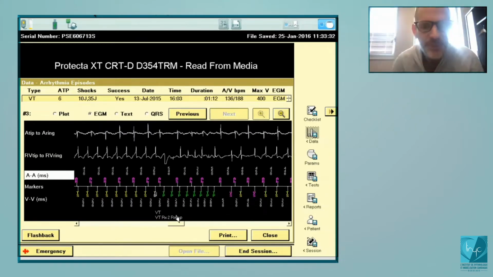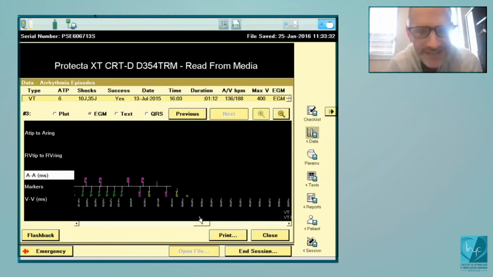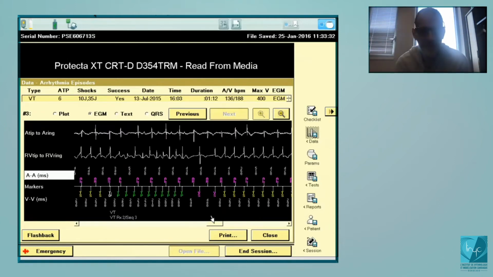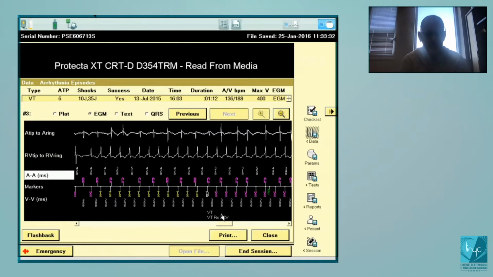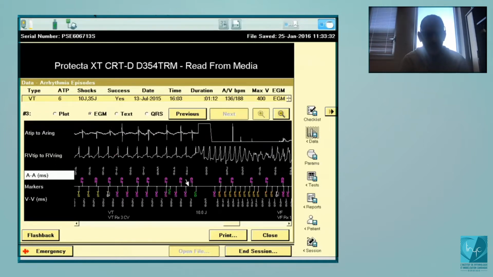So that's a real episode of VT with 6 initial anti-tachycardia pacing sequences, and all of these are inefficient. And you see that what was programmed in this patient was a low amplitude shock, a 10 joule shock. And what is the effect here?